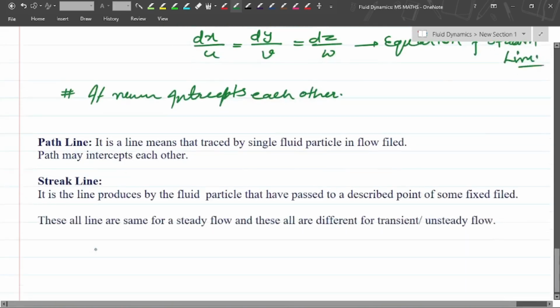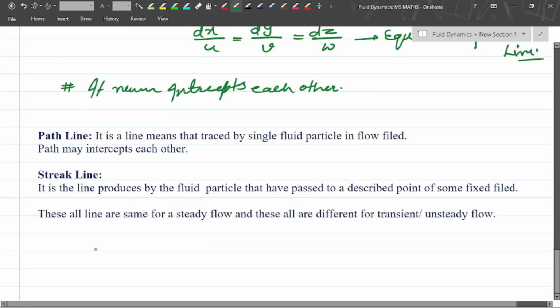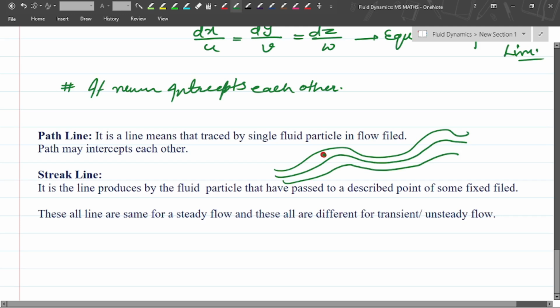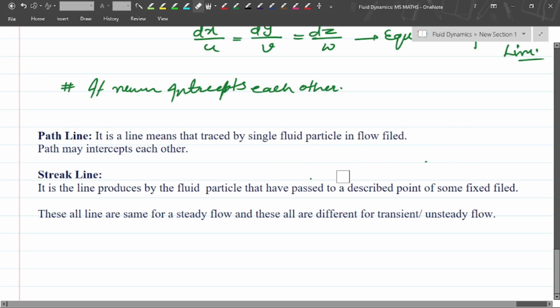Next, the path line is a line traced by a single fluid particle in a fluid flow. If I take a particle like this, and the flow is like this, then the path made by this particular particle of the fluid will be the path line.